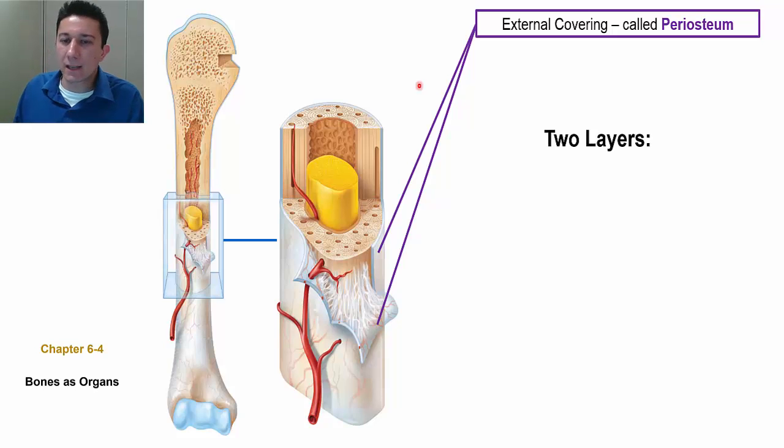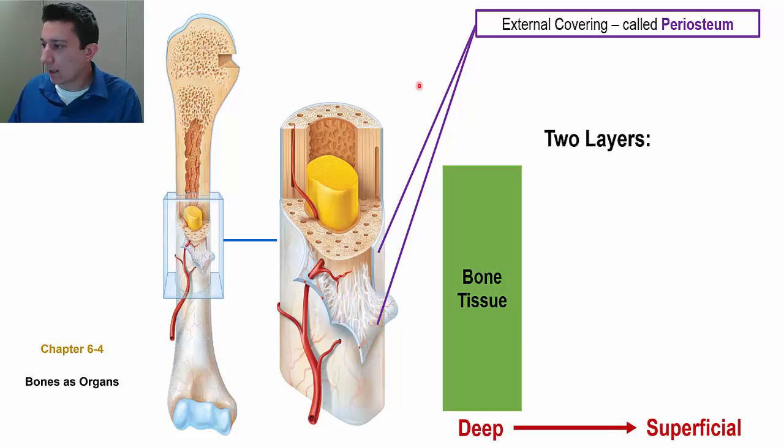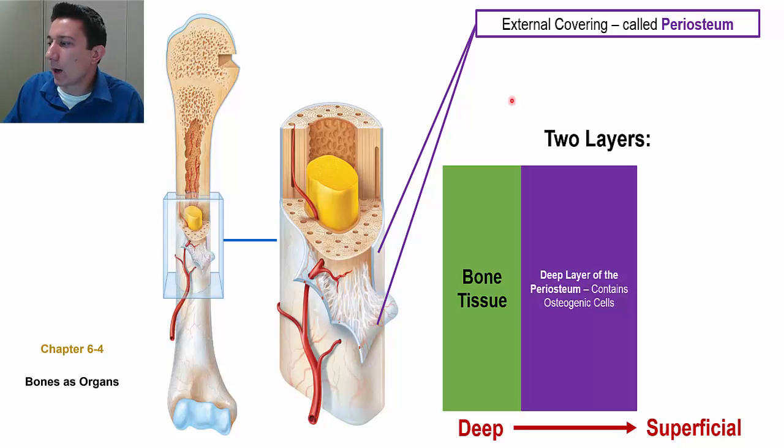The periosteum essentially has two layers, and so we'll take a look, because the periosteum makes up the most superficial covering around bone tissue. We'll start with a simple diagram here of some bone tissue, and we'll look at the two layers that make up the periosteum. So the deepest layer of the periosteum sits flush up against the bone tissue here and contains those osteogenic cells.